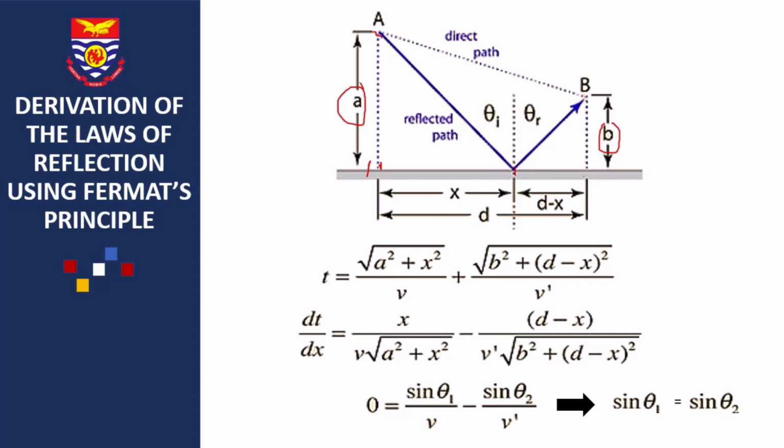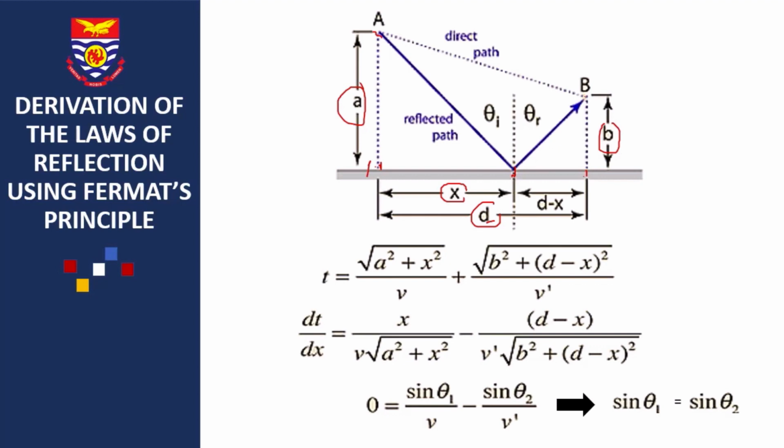And let's take the direct path from A to B to be D. Because we have this part to be x and we have this to be D, automatically when you subtract x from D, we are going to get the path from the point of incidence to our big B. I hope this is clear.